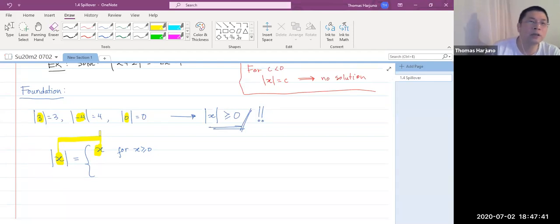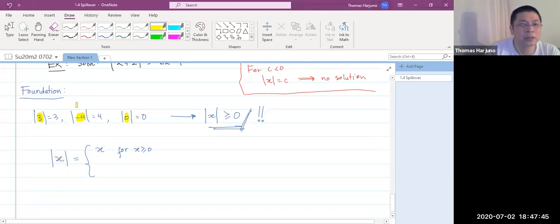Now what happens if that x is negative? Like in this case here. What if the expression inside the absolute value is negative? Then you make it positive. Now, how do we make a negative number, -4 in this case, become positive 4?